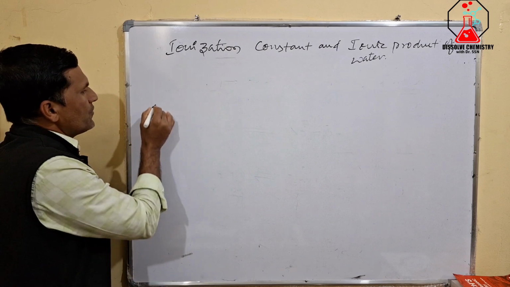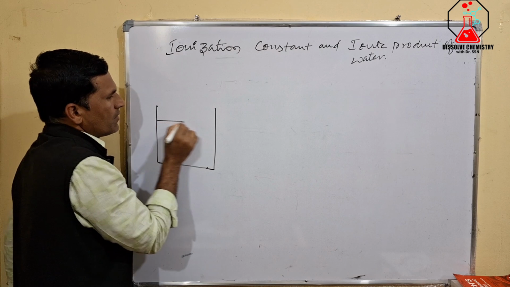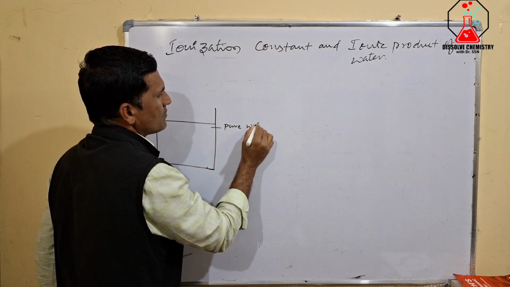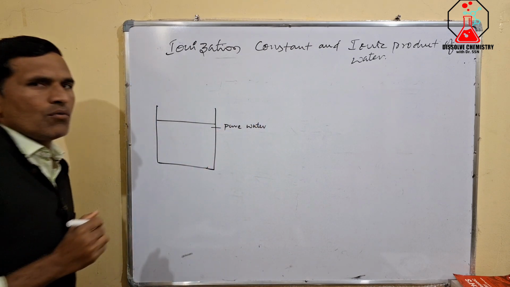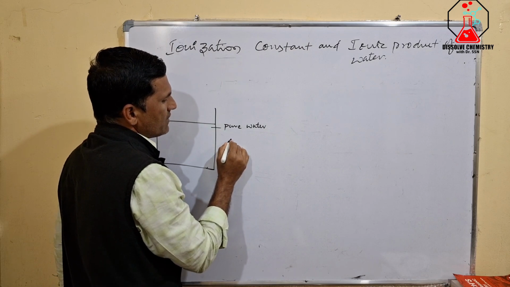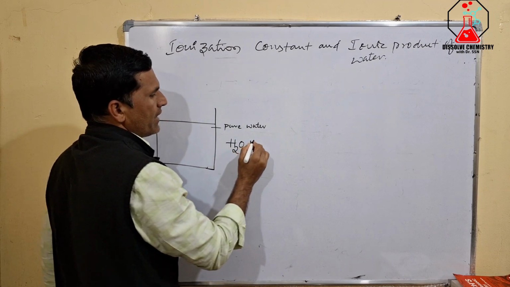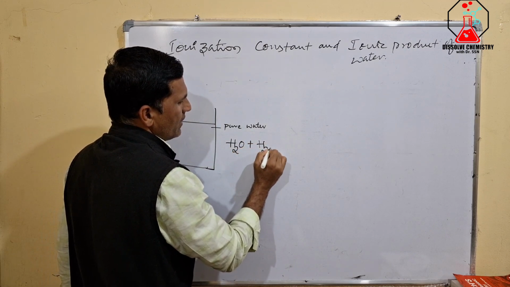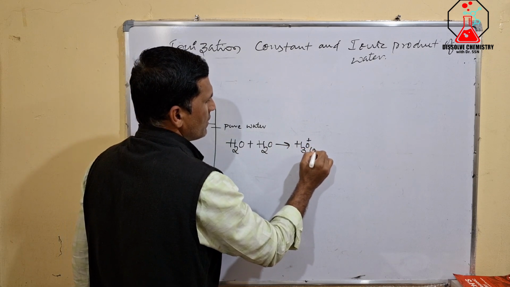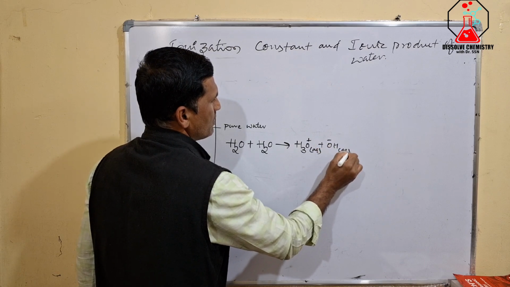Now consider, if you take 1 liter of pure water, as it can act as acid as well as base, one of the water molecules will act as acid and another water molecule will act as base to give H3O plus aqueous plus OH minus aqueous.